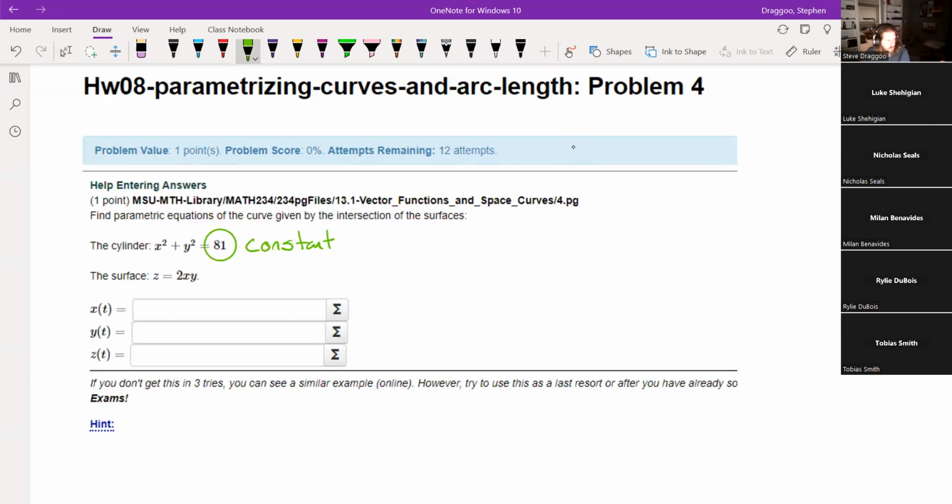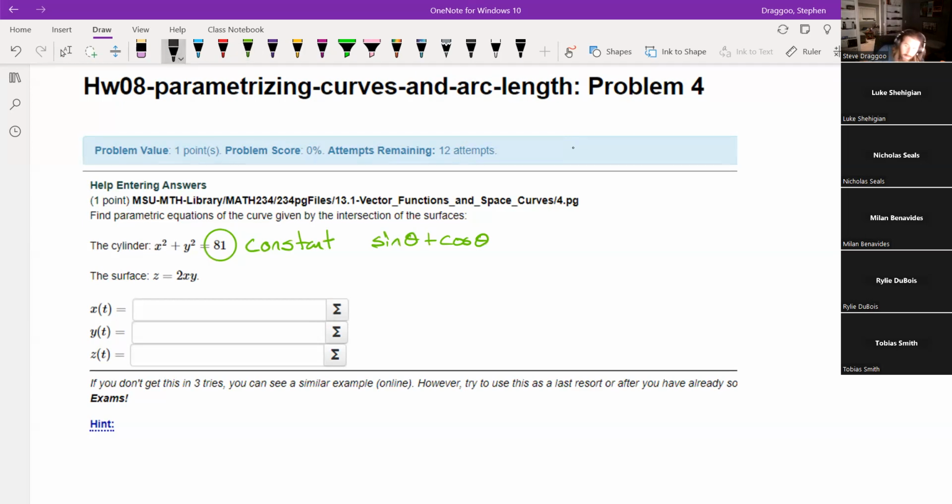If I see two square terms added together equal to a constant number, that makes me think sine plus cosine is going to be a good parameterization for what I'm trying to do. So using some kind of polar parameterization, similar to what we would have done back in polar coordinates. That's my first thought. So I'm going to try something like that.